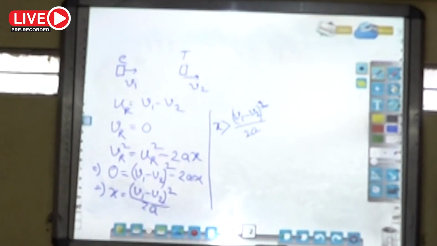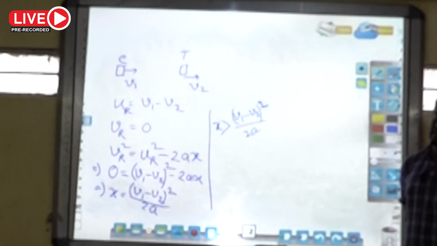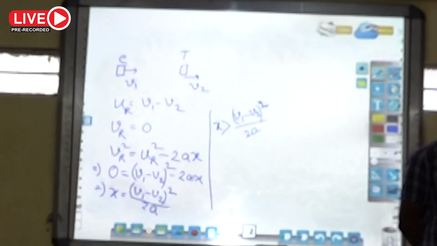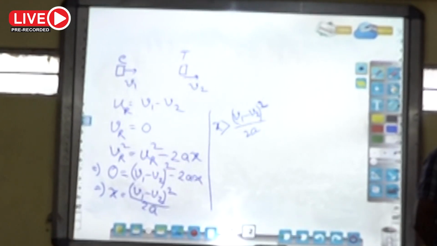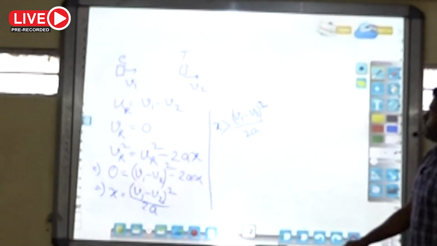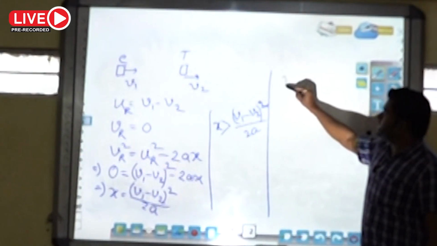Now, there is another way to solve this problem by using the equation S equal to ut plus half at square. Let us consider that after time t, both the cars will collide with each other. So what is the net displacement in that case?